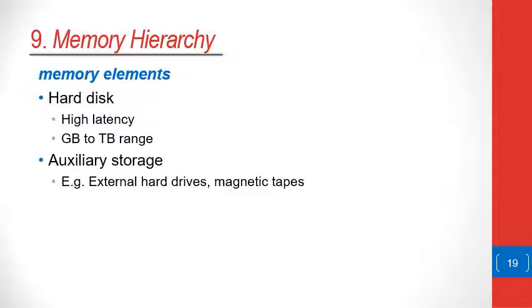And the good thing about it is that it has a higher range of storage, in the gigabytes and terabytes range. And then besides that, you can have an even bigger type of memory, which is auxiliary storage. This could refer to external hard drives, or cases such as external magnetic tapes that you might have, although magnetic tapes are very old technology.